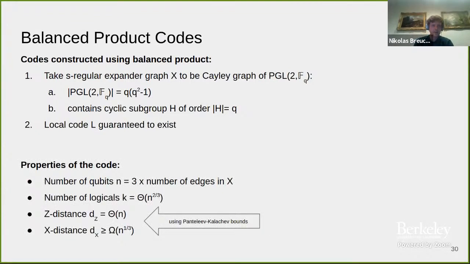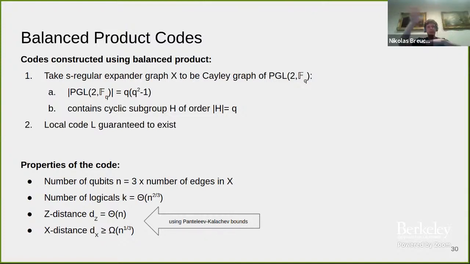So just to show you the properties of the codes that we get, the number of qubits scales with the size of the graph, of course. The number of logical qubits scales as n to the 2/3. And as I mentioned a minute ago, the Z distance is in fact linear in the system size.